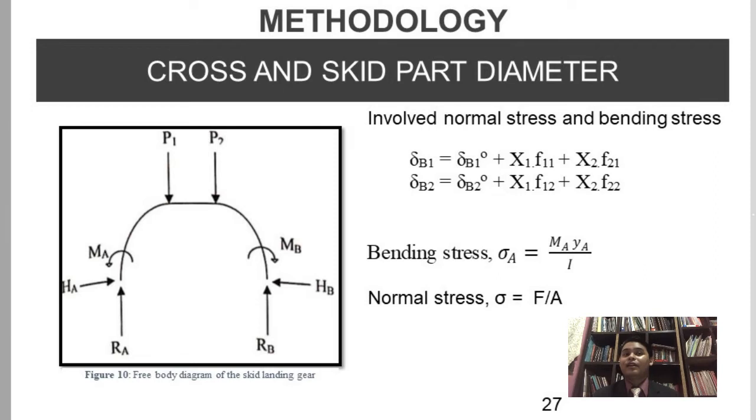To find MA and RA, we use the statically indeterminate method, using the delta B1 equation and delta B2 equation, and then we can get MA and RA. After that, using the bending stress formula and normal stress formula, we can find the minimum diameter we can use for the cross part and skid part.